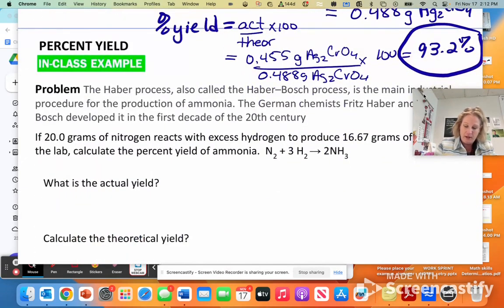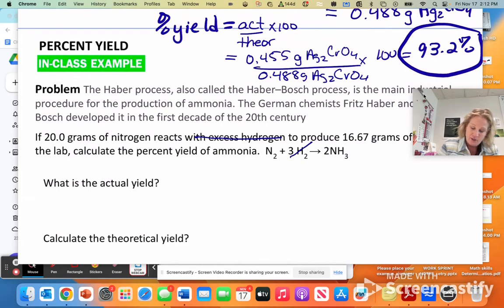So let's do another problem. This is the reaction that's called the Haber process, where you can take nitrogen out of the air and react it to form ammonia. So in this question, again, we have that excess hydrogen, which means that's our excess reactant.